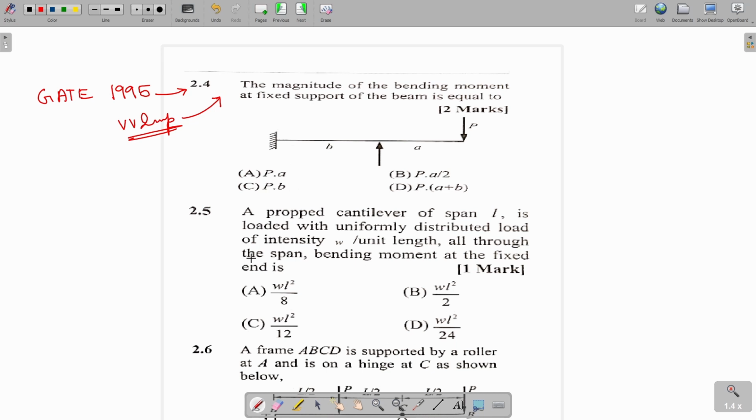Okay. Question number 2.5 came in the year GATE 1997. This is based on deflection.